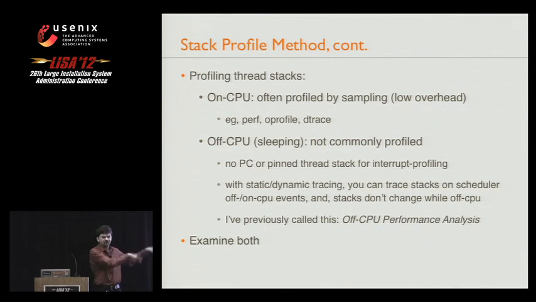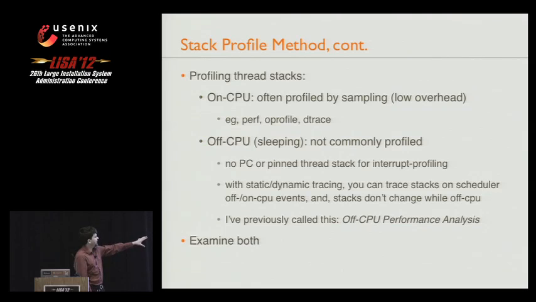I didn't even put them on the slide. At the very least, I'm talking about sampling so that you can do this in production and have an idea of where CPU is being consumed. But for the stack profile method, I'm doing it for off-CPU as well, not just on-CPU. For every thread, I want the on-CPU profile and the off-CPU profile.